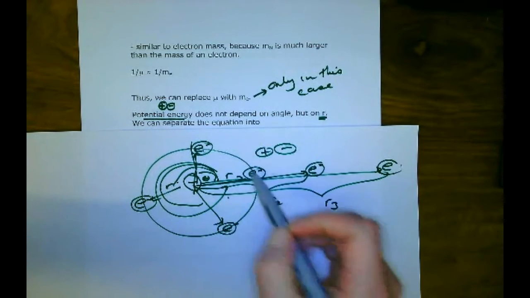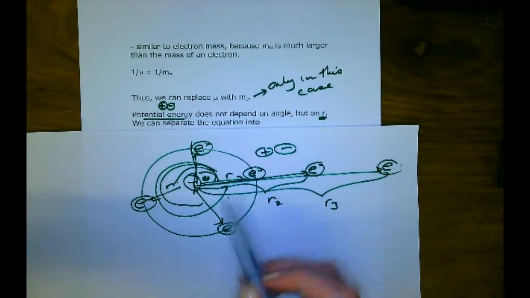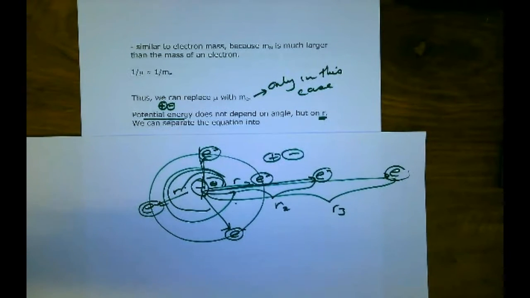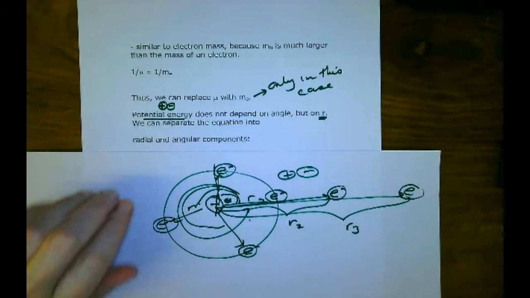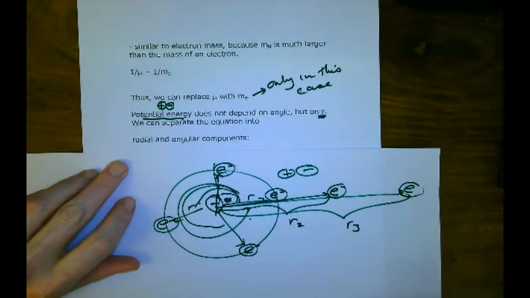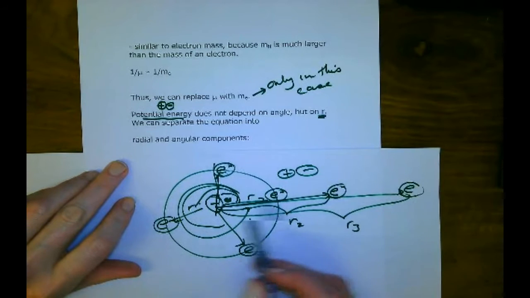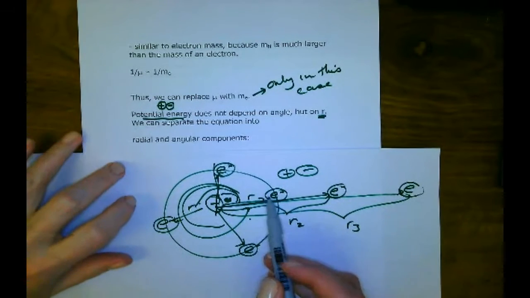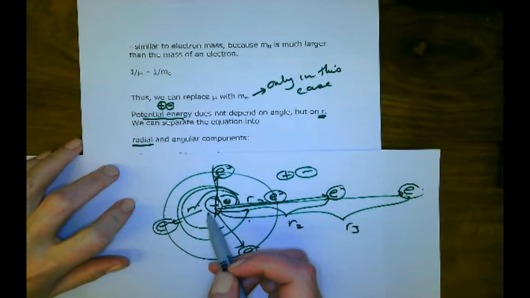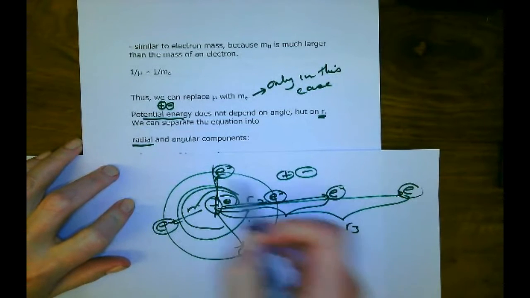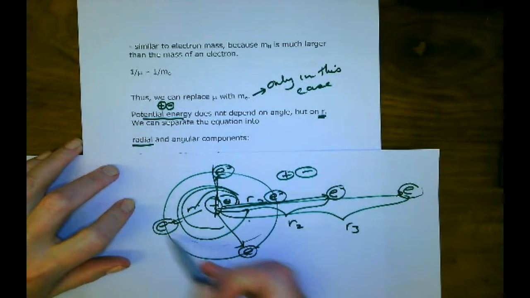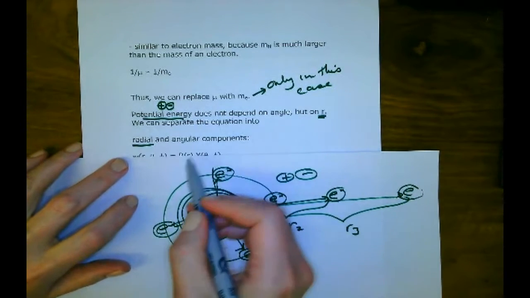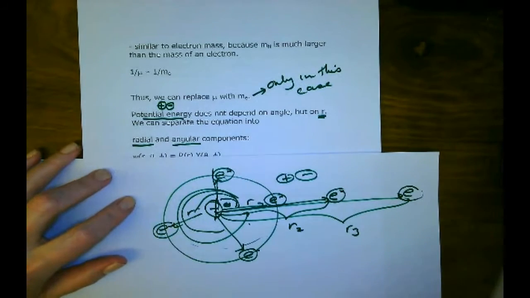So there's an angular component and a radial component, and we actually separate the equation into these two components. The radius component, where the potential energy changes with radius, we call the radial component. And the angular component, where the potential energy stays the same with angle, we call the angular component.